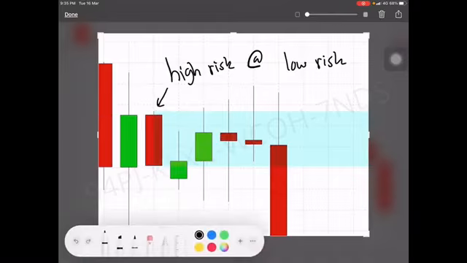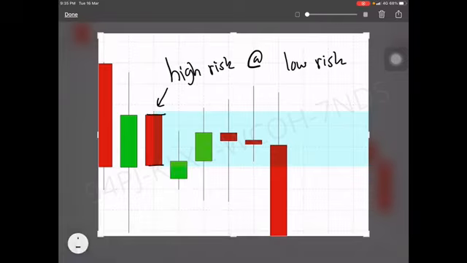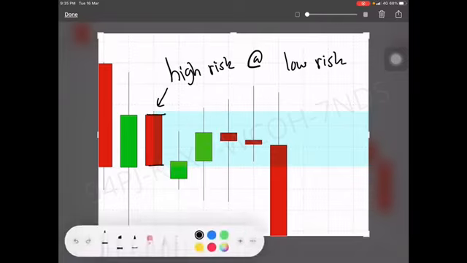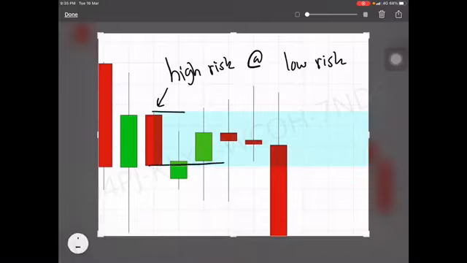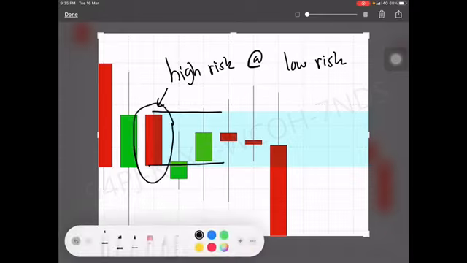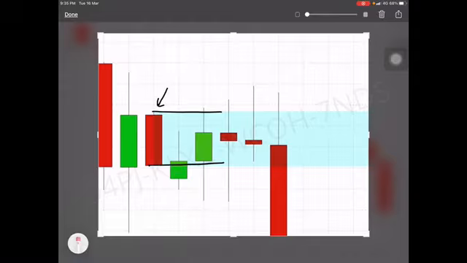Has this body been consumed by these two? Is it fully consumed? Yes, it is. It has consumed the rest of this. So this is a low risk.